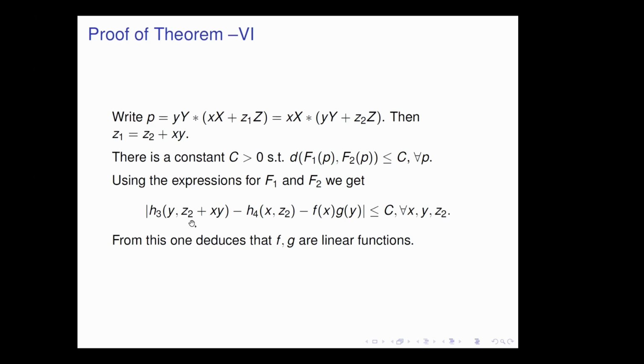So you see that this z2 will cancel out, but you still have this term xy, but that will cancel out with this product here, because f(x) is a linear function of x and g(y) is a linear function of y. From here, it's easy to see little f and little g are linear functions.